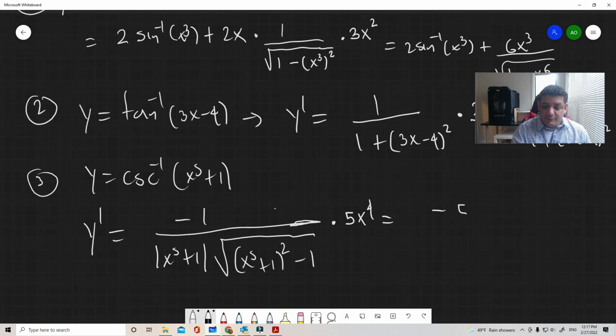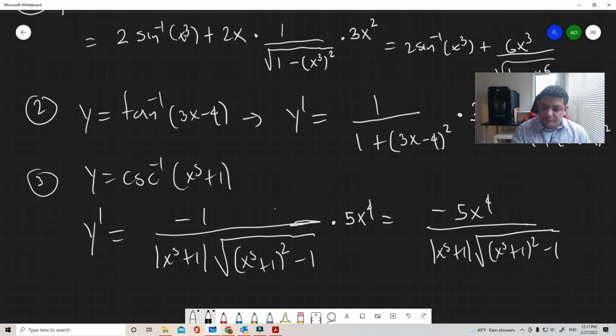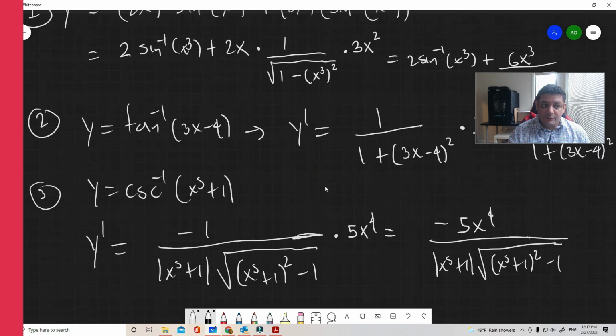So we simplify this, we get minus 5x to the 4 divided by the absolute value of x to the 5 plus 1 times the square root of x to the 5 plus 1 squared minus 1. Okay, and that's all for this first set of 3 examples.